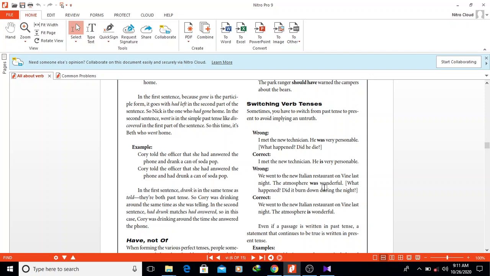If we use "was" here, that means now the atmosphere of the restaurant is not wonderful anymore. That's why there's a question here: what happened? Did it burn down during the night? So if you want to talk about a truth, then you still use simple present.